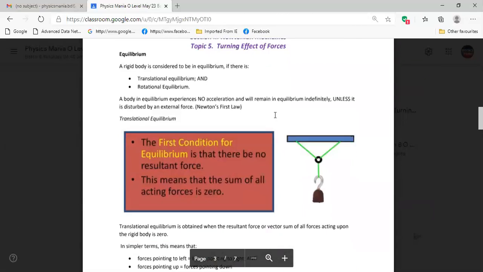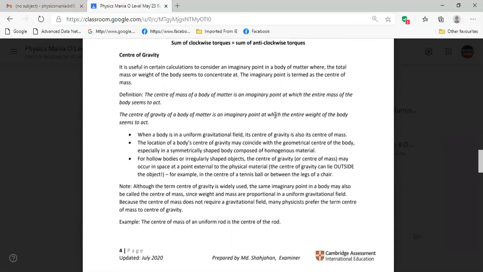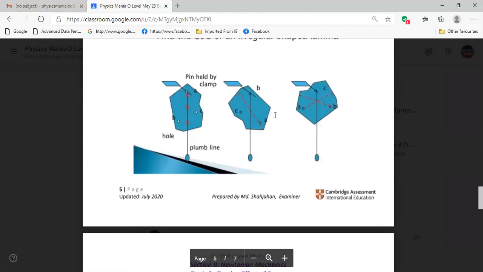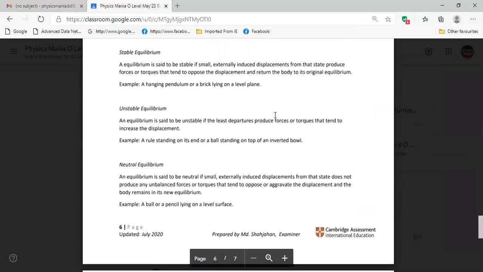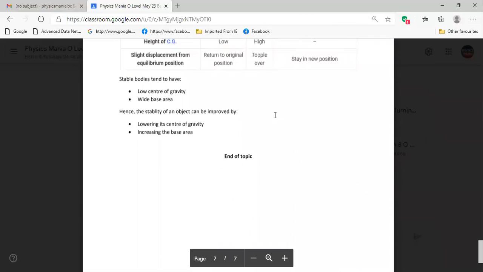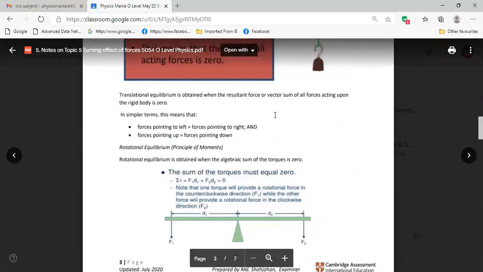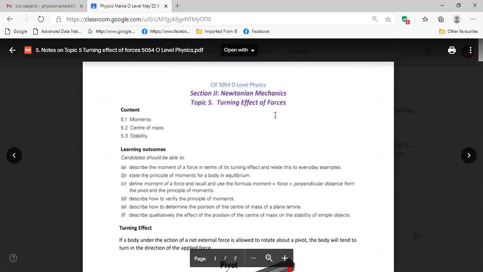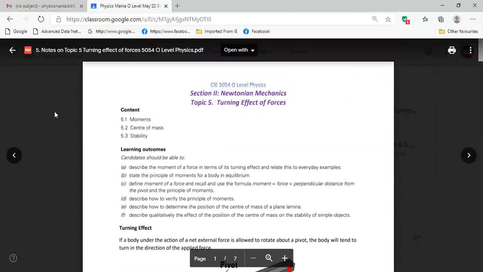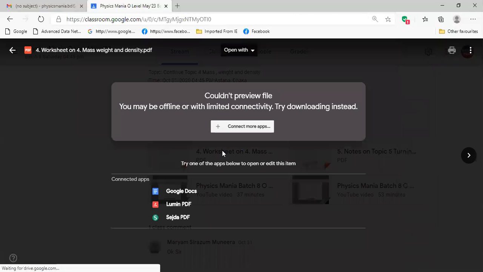There is not much more here. All these things are done. So that's the revision of this topic, the theory part, and now we can go for the worksheet part and some MCQ questions, right?